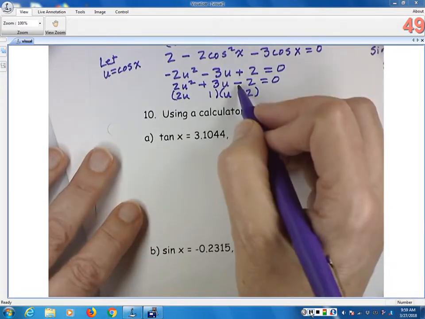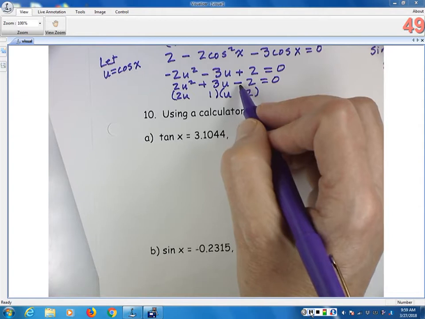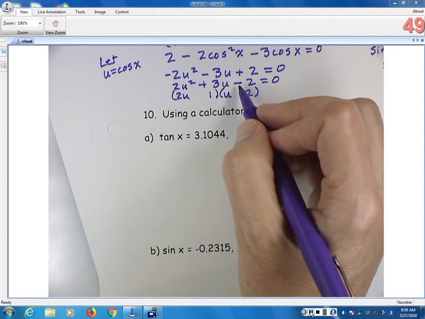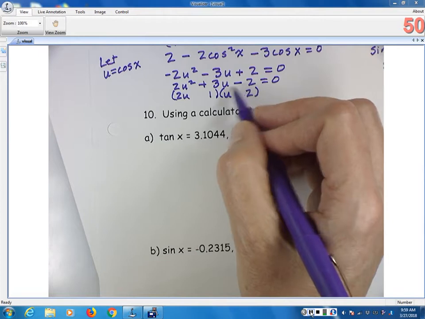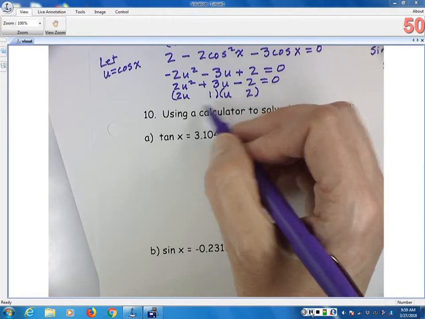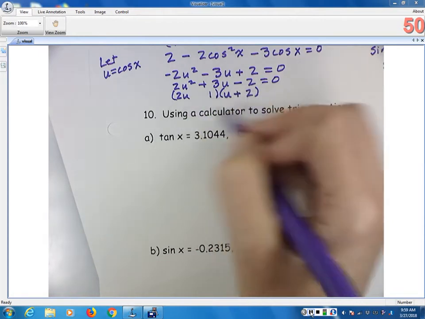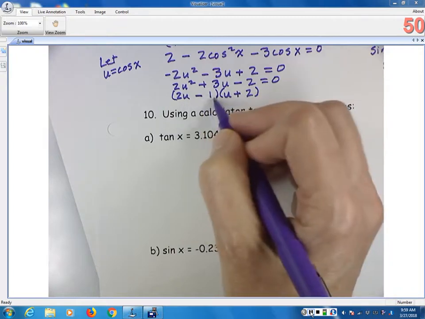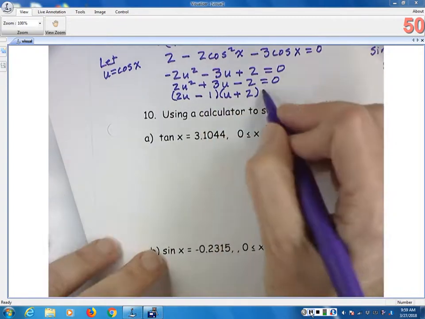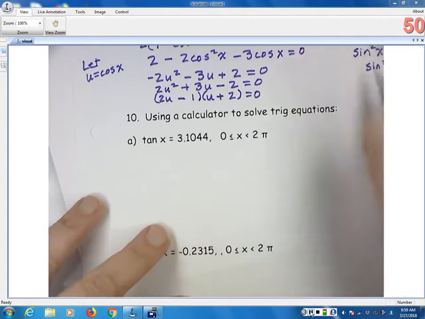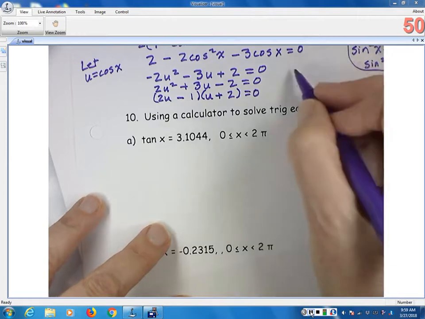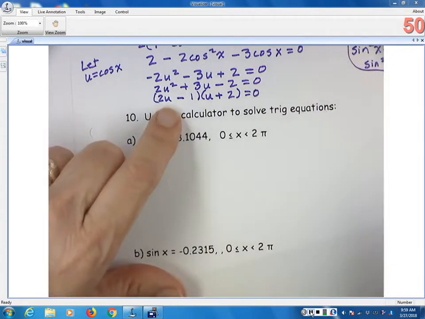Negative sign here means we got opposite signs. And the bigger one, the outer term, has to be positive, that's 4u minus 1u is 2u. Okay, and then we're going to set, could you bring it down just a little? Sorry.